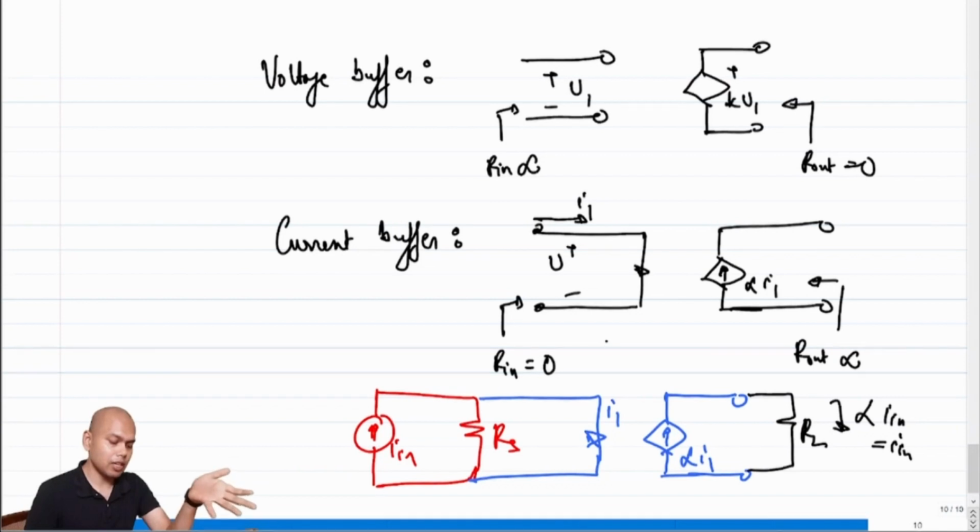Right? So the current that flows into RL is not dependent on the effect of loading of the RL on the non-ideal current source I in, right? So hence this is the job of a current buffer, to translate the current at one port into the other port without causing any loading.